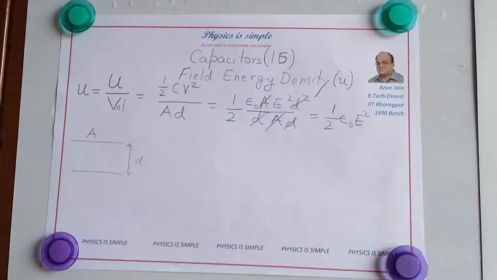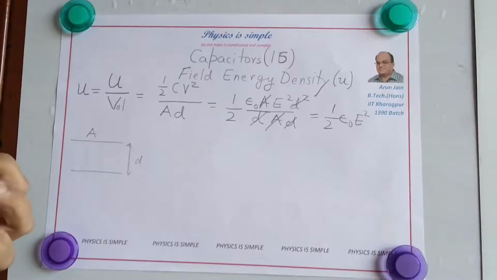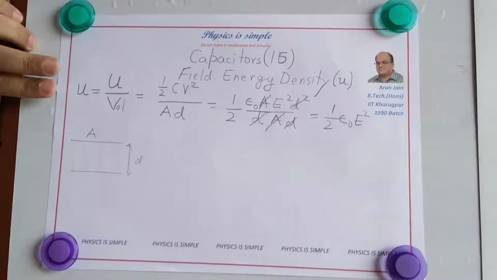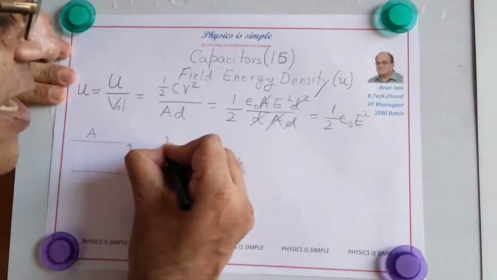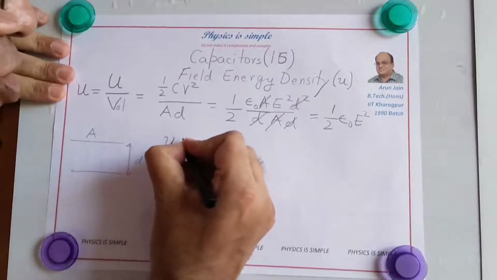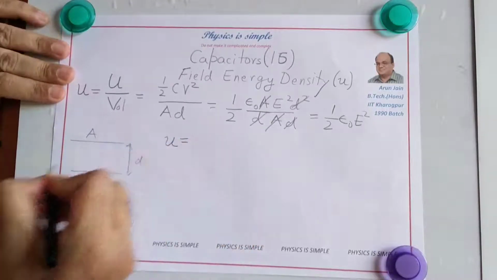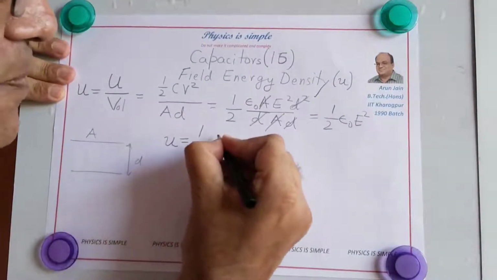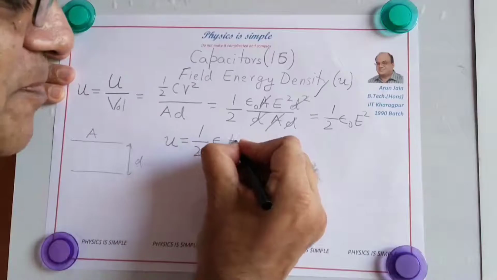Even though we have derived this for a parallel plate capacitor, this formula is applicable anywhere where electric field is present. In any region where electric field is present, there is an energy per unit volume that we call field energy density, and that is given by half epsilon naught E squared.